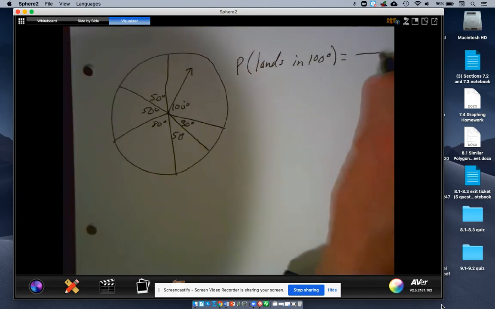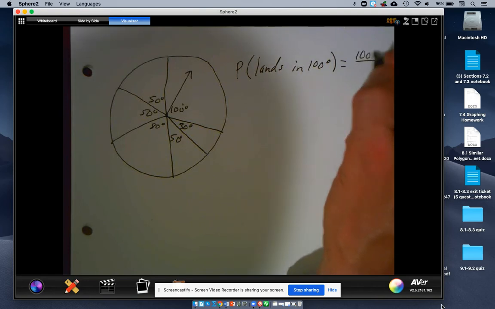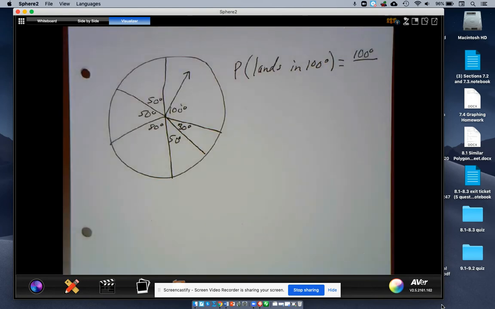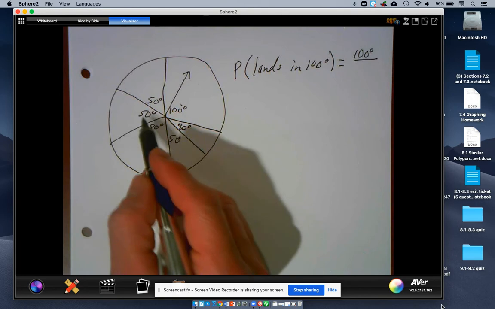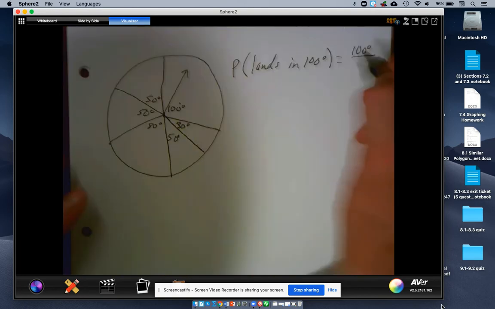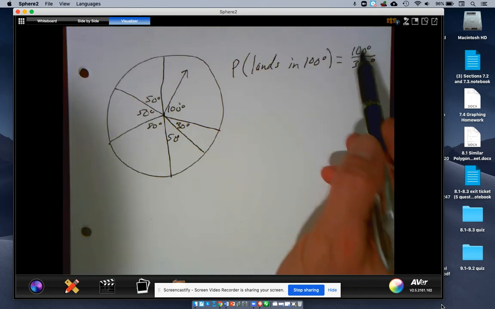Well, how many degrees of success do I have? 100 degrees of success. Well, how many degrees are there in the whole circle? Some of you know, if we add them up, 100 plus 30 plus 50 is 180, plus 80 plus 50 plus 50 is 180, so 360 degrees total. So remember, it's successful degrees over total degrees.